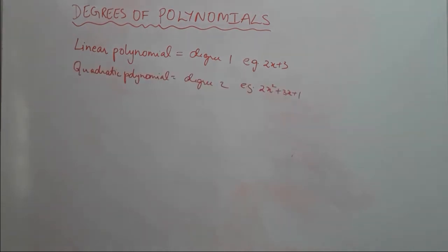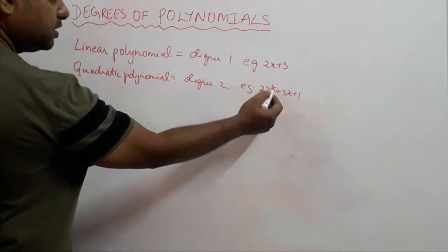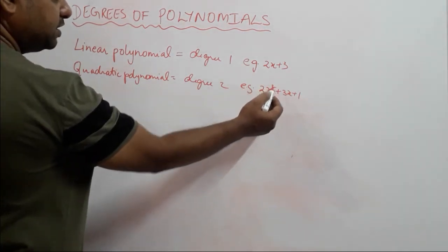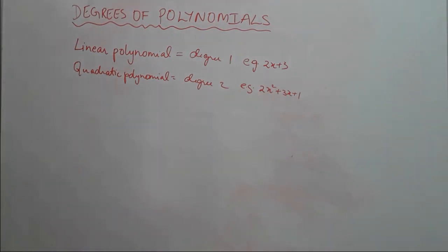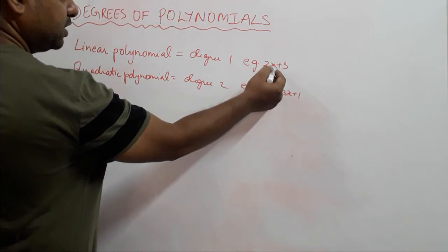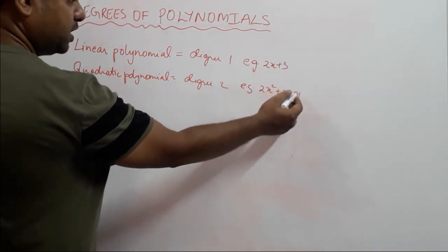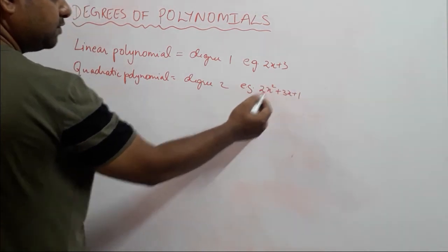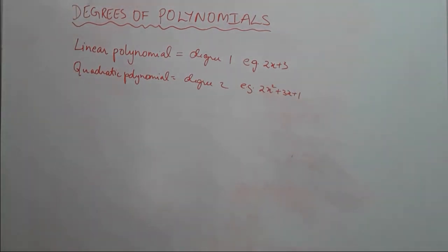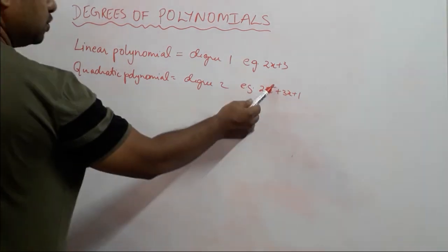quadratic polynomial. In a quadratic polynomial, the degree is equal to 2. Have a look. The highest degree is 2. We are looking only at the highest degree of that polynomial. In the linear case, there were 2 degrees, one was x and one was 0. And here it is 2, 1 and 0. But we are interested only in the highest degree, and that is 2 here.